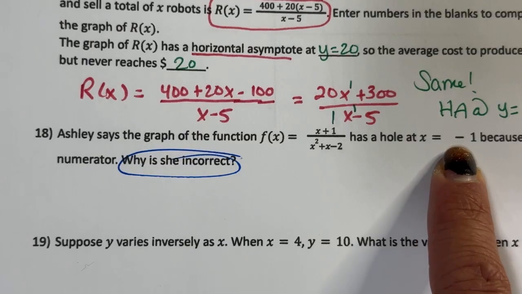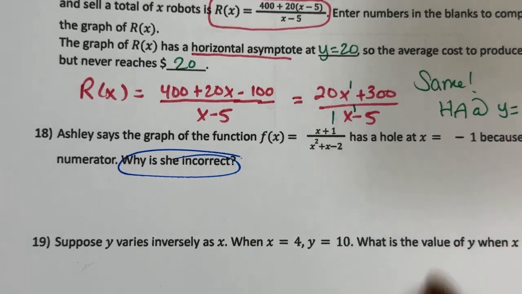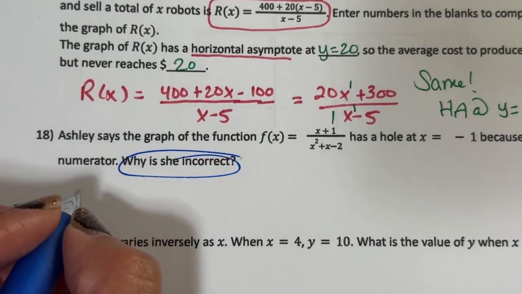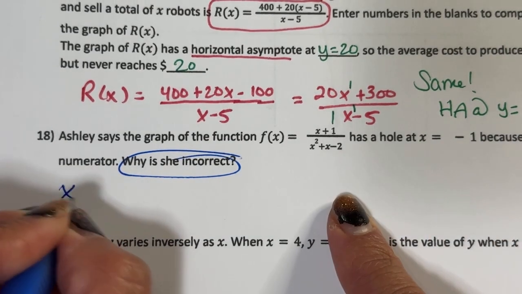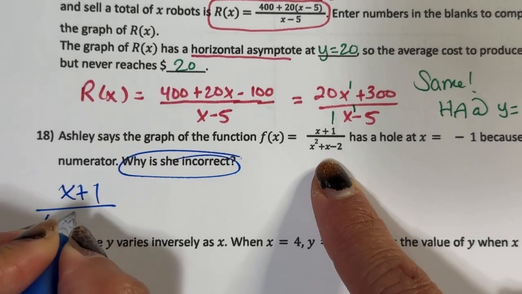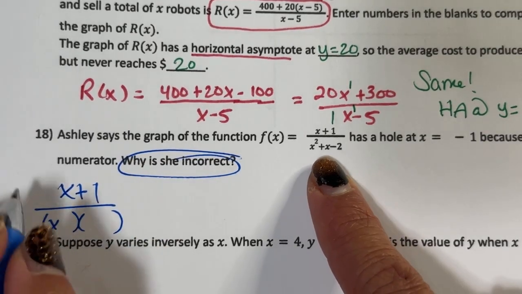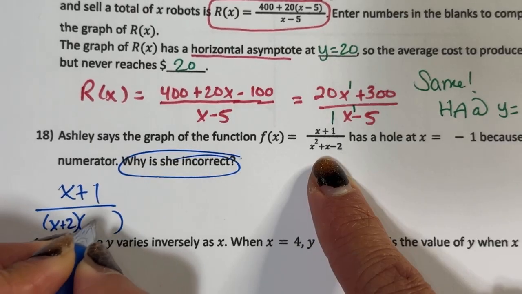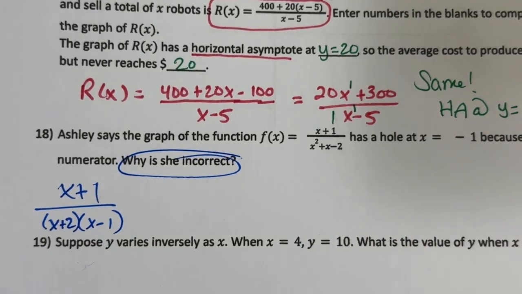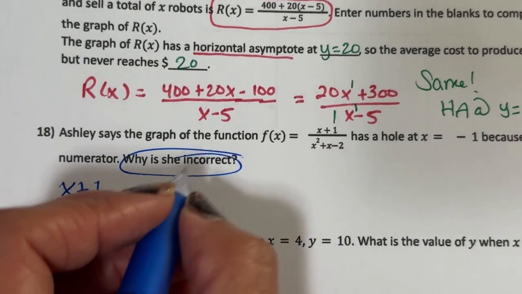But holes only occur when factors cancel out in the numerator and the denominator. So let's factor it. We're going to have x plus 1 in the top. And we're going to have, let's see, two numbers that multiply to -2 and add up to 1. So plus 2 minus 1. Nothing's going to cancel. So she is incorrect.